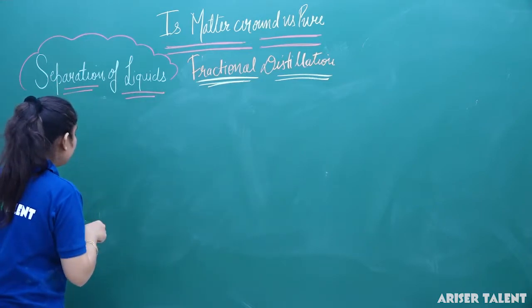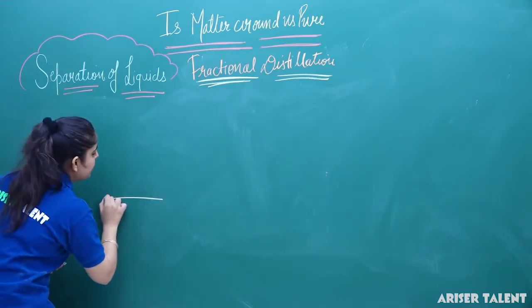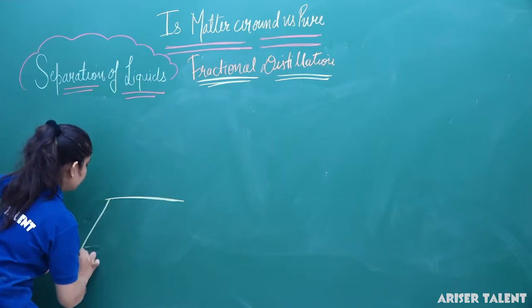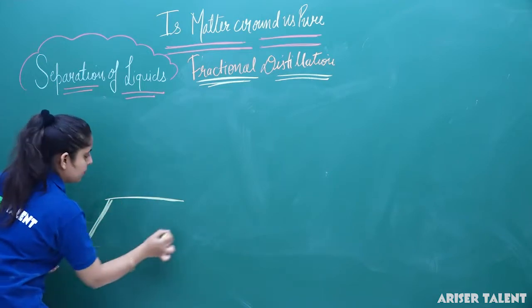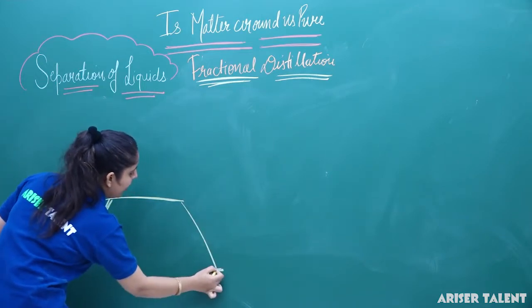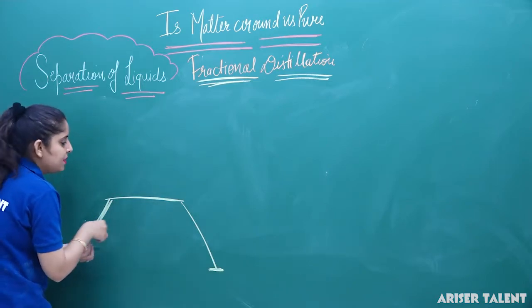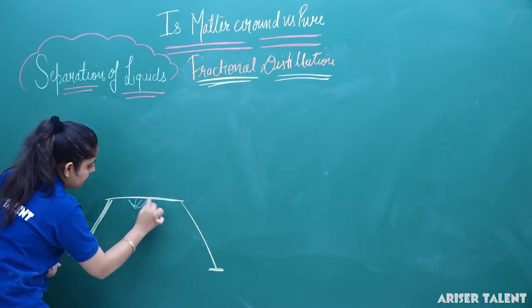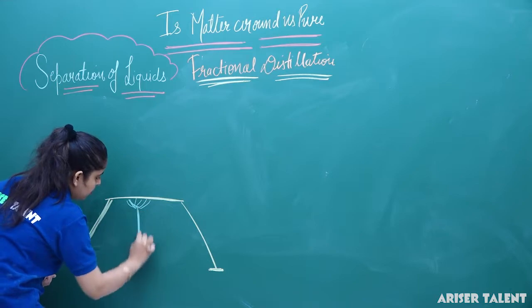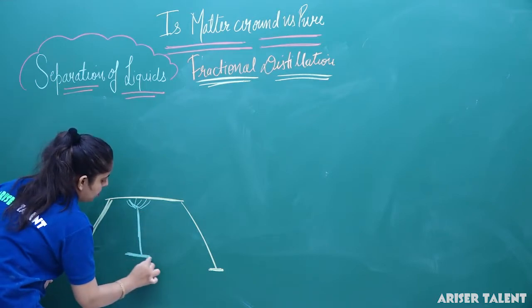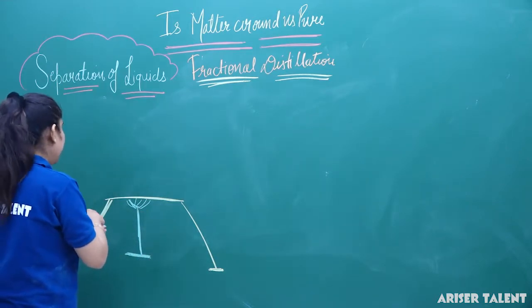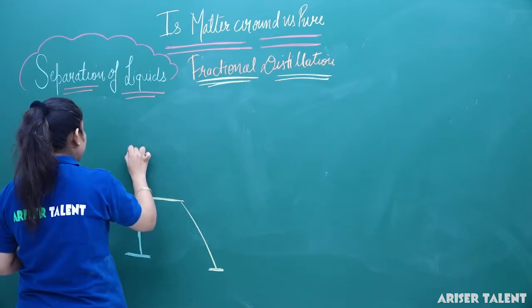Similarly in the fractional distillation, firstly we will take a tripod stand. On that tripod stand we have used a Bunsen burner. For heating the liquid we have taken a conical flask.